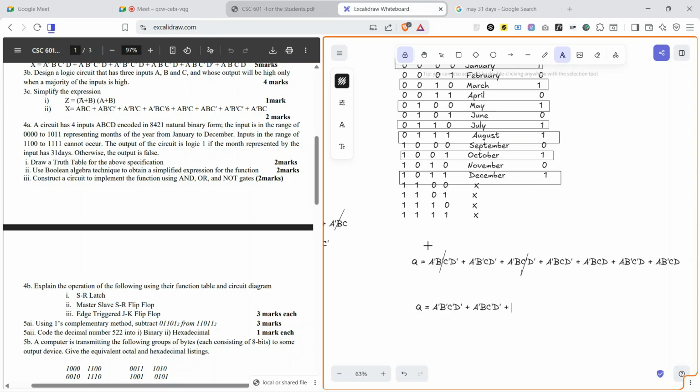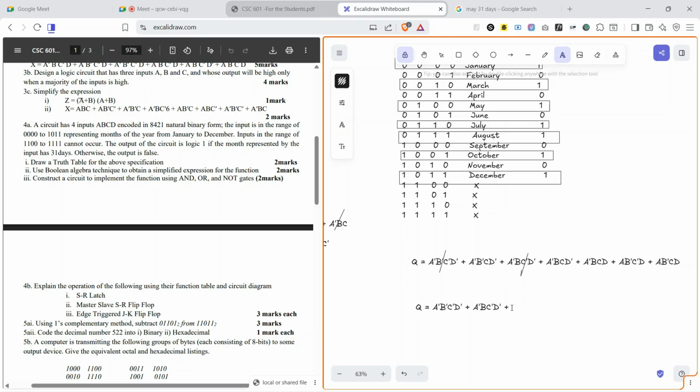Okay. So which other parts can we move together? A bar, B bar, A, B, C. Yeah, we can move these two also together.